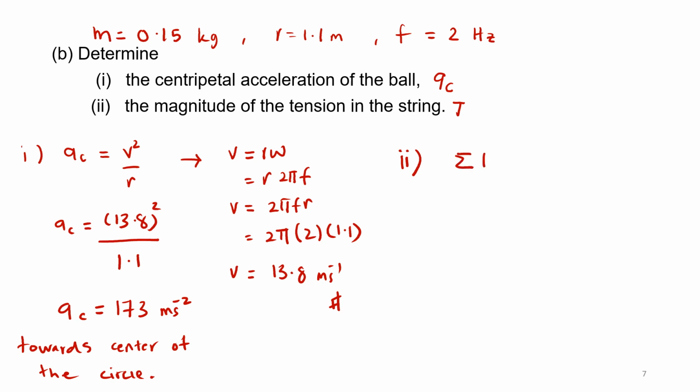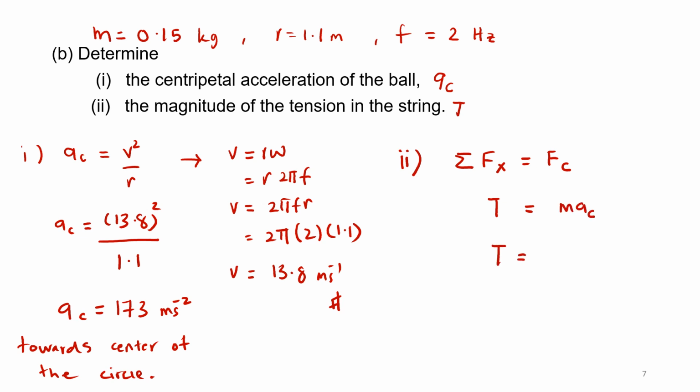Hence, the total force in component x is equal to the centripetal force Fc. So the only force that we have in x component is the tension. So T is equal to the centripetal force, m AC.